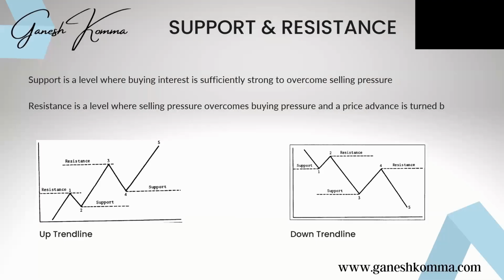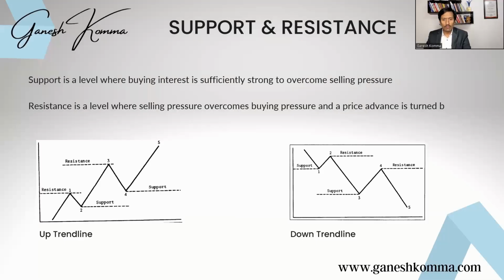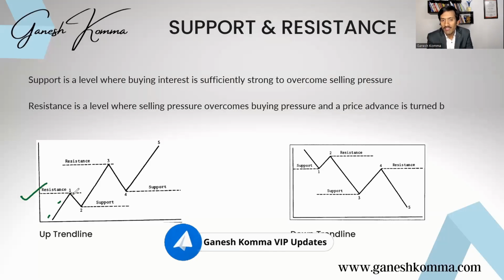Now let me explain it to you pictorially. If you see this screen, whenever you observe a stock which is in an uptrend, this is how the stock is moving, and whenever it reaches a level and again falls back, this is called your resistance level.